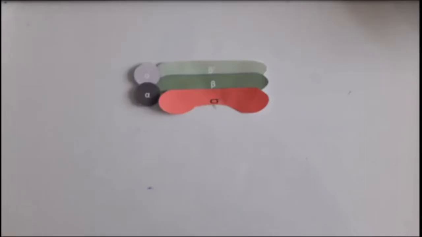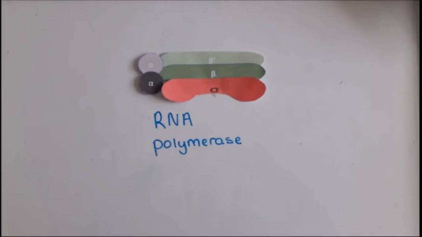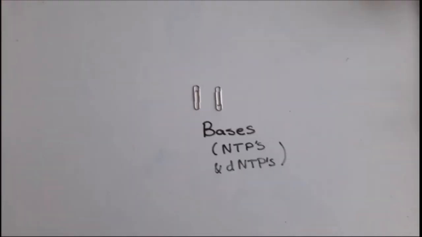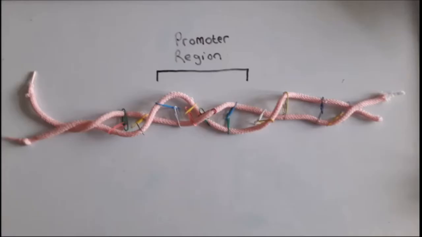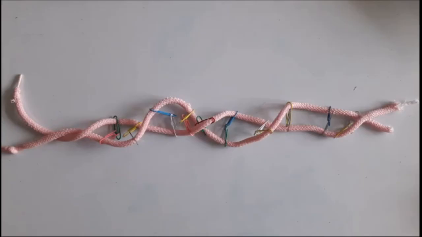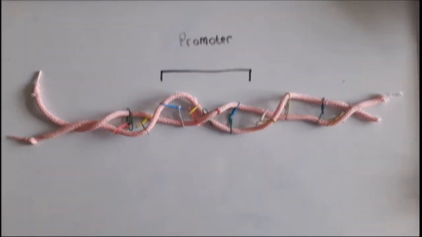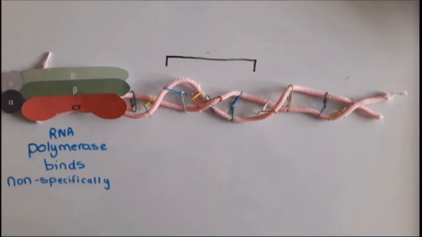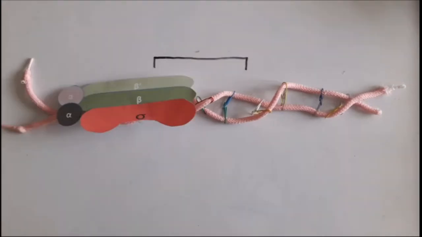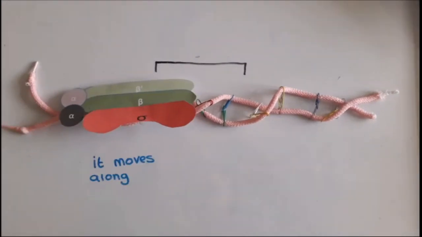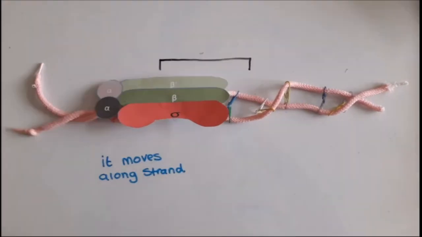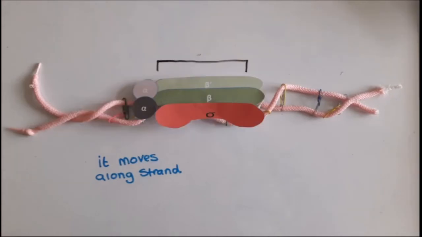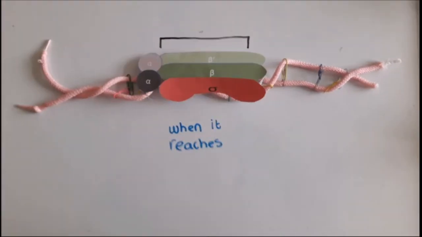So this is the DNA helix, and this is the RNA polymerase enzyme along with the sigma subunit, the holoenzyme. And these are NTPs, bases for the RNA molecule. This is the promoter region. This is the enzyme RNA polymerase, which binds non-specifically much before the promoter region, and then it moves along the DNA strand and halts at the promoter sequence.